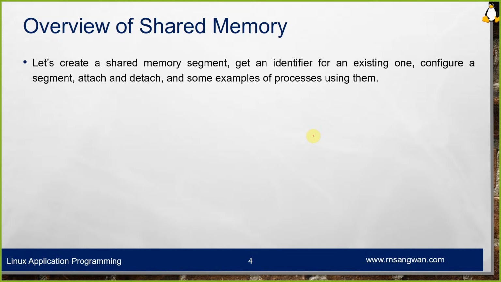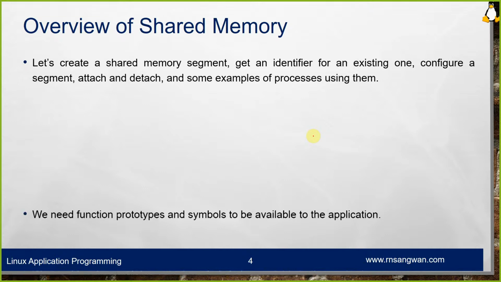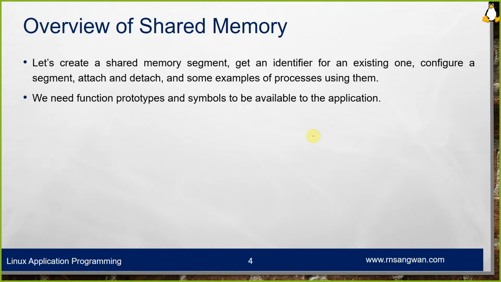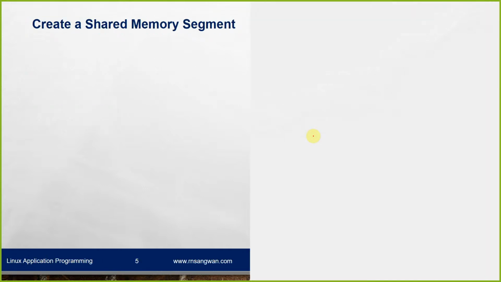So in other words, this is a complete walkthrough, as we have been discussing for the other topics also, a quick hands-on example. We need function prototypes and symbols to be available to the application, and for that two header files are there. One is ipc.h, second is shm.h. These are the header files.